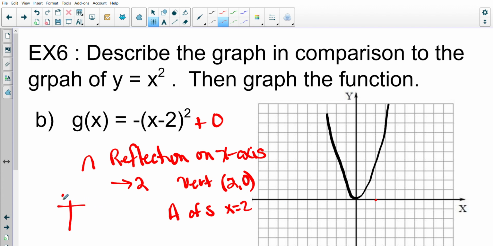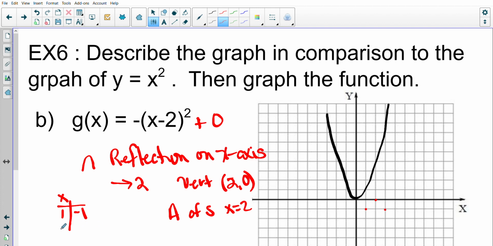When x is 1, 1 minus 2 is negative 1, and negative 1 squared, negative 1 times itself is positive 1, but then we make it negative. So at the point 1, negative 1, I've got a point. Now remember, this is my line of symmetry. This is my fold line. So I also have a point over here, because these two would match up.